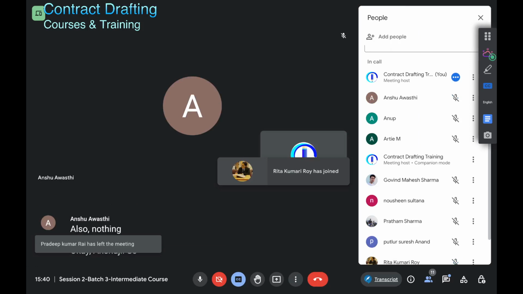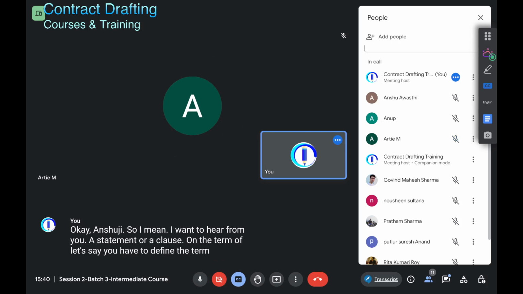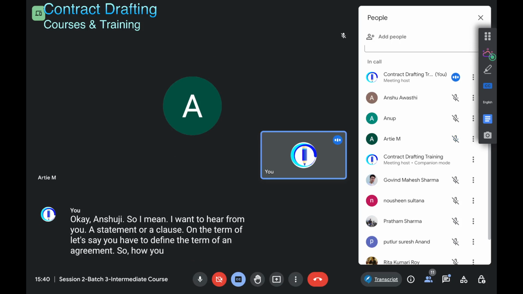I want to hear from you a statement or a clause on the term of, let's say you have to define the term of an agreement. How will you do it? What will you write?